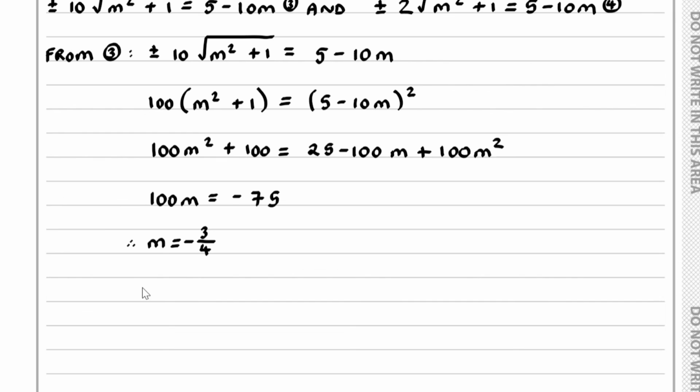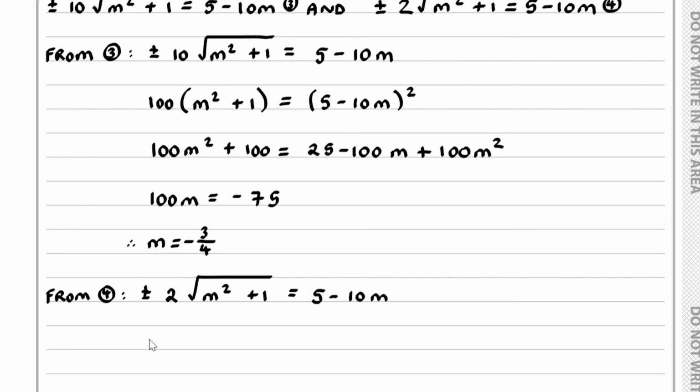And if we deal with what we have from equation 4, so from equation 4, we've got plus minus 2 times by m squared plus 1 square rooted equals 5 minus 10m.